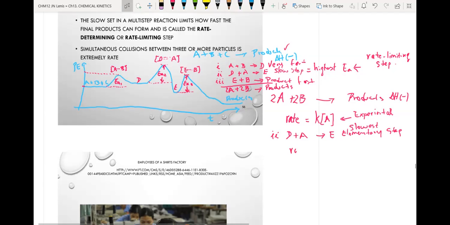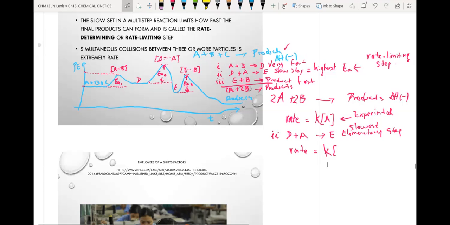So the rate law for this step equals rate constant times concentration of, we don't write D, we don't write E. Why not? Because this is not part of the overall reaction. D and E are intermediates.